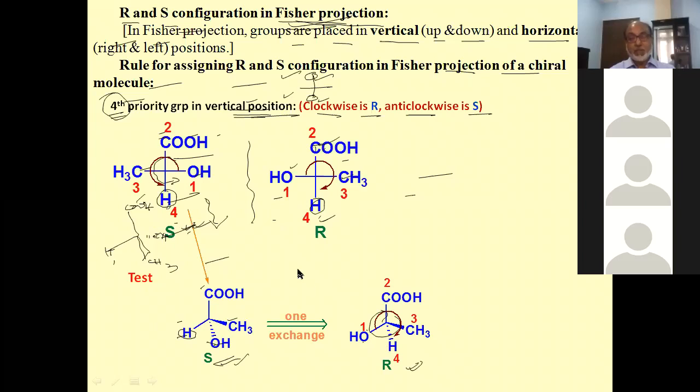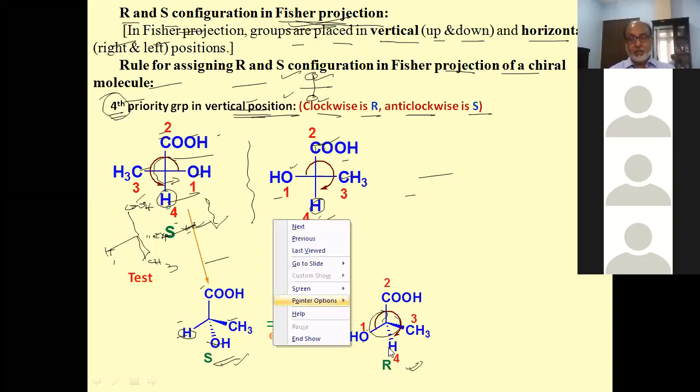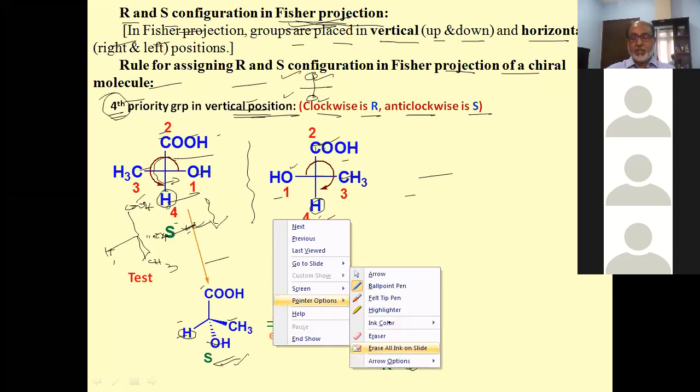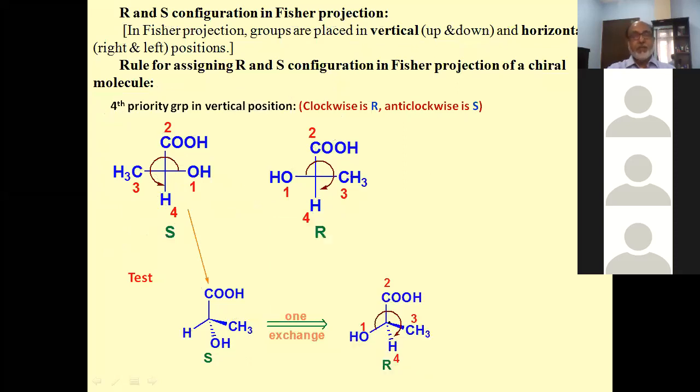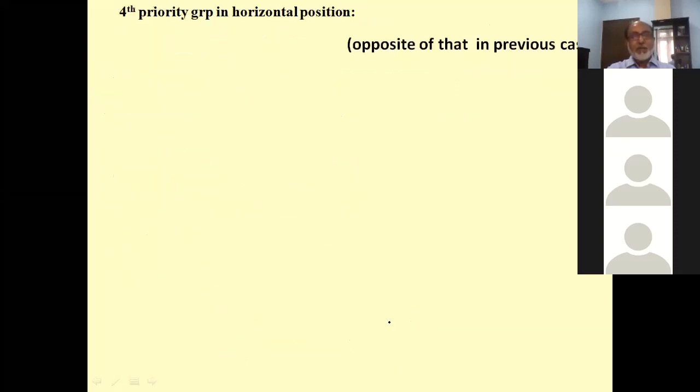Yes, sir. So you see, nothing should be taken for granted. Now let us see the fourth periodic group is in the horizontal position. Which are horizontal positions? Right or left? Either this one or this one. If it is fourth periodic group, we are talking of the fourth periodic group only.